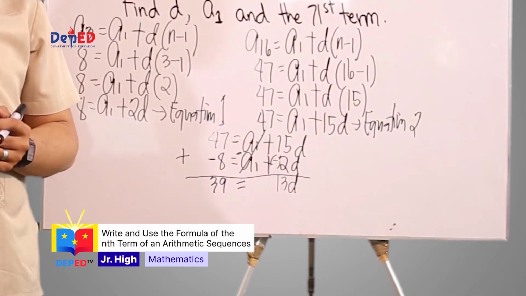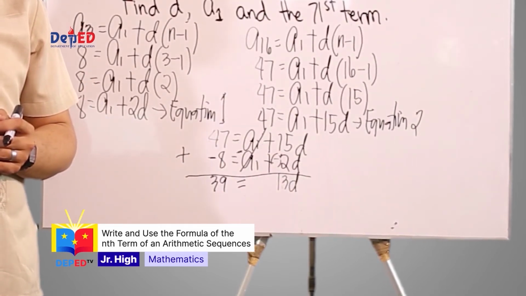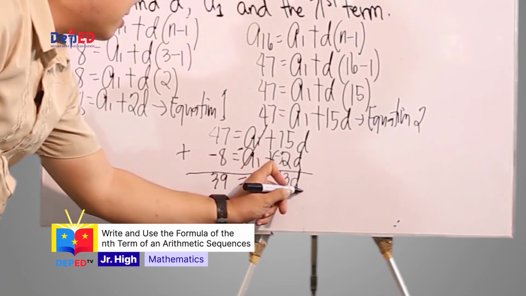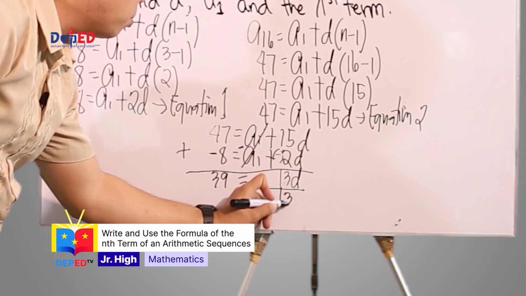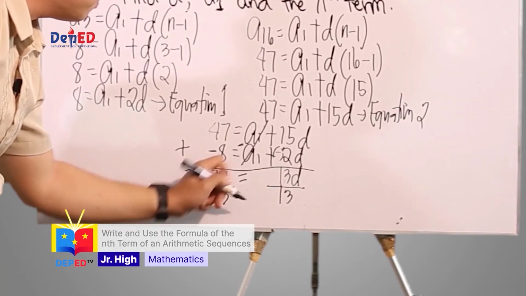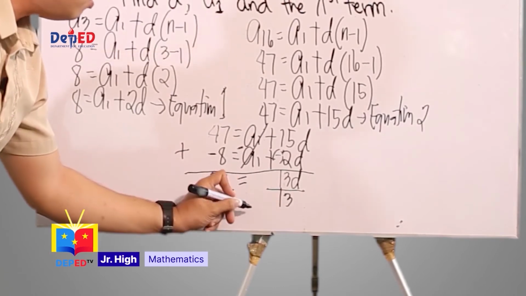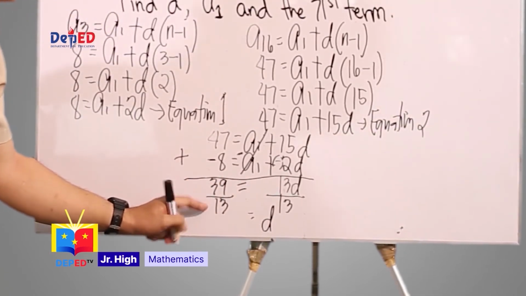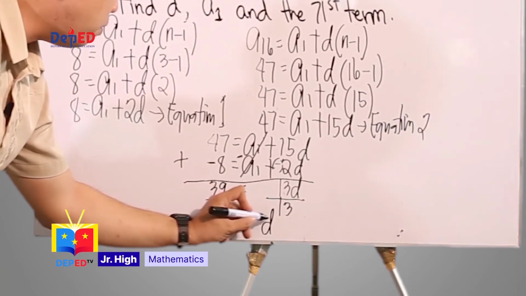Next, isolate d by dividing both sides by 13. So that's 13, and divide by 13. 13 divided by 13, what's left will be d, and 39 divided by 13 will be 3.